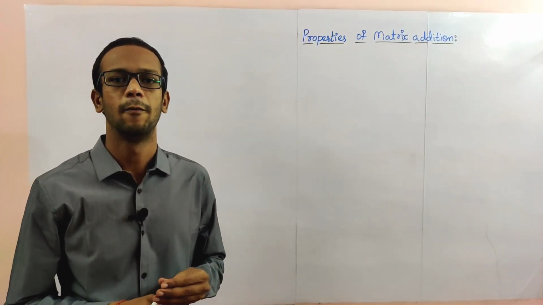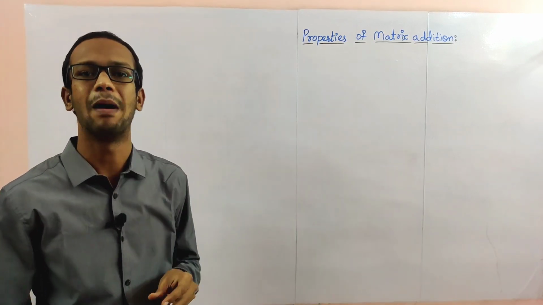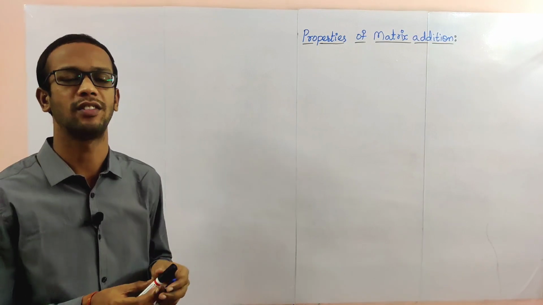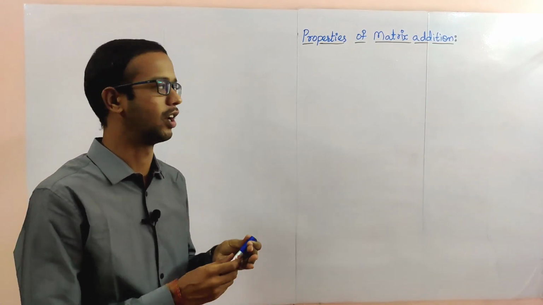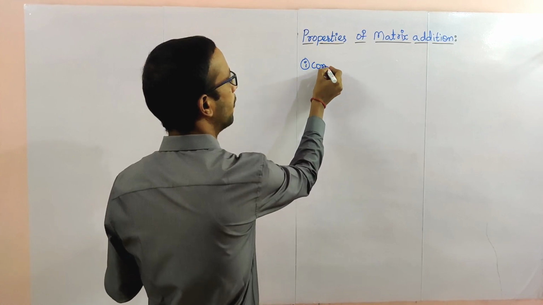Next concept based upon addition: some properties. Properties of matrix addition. So first one, commutative law.